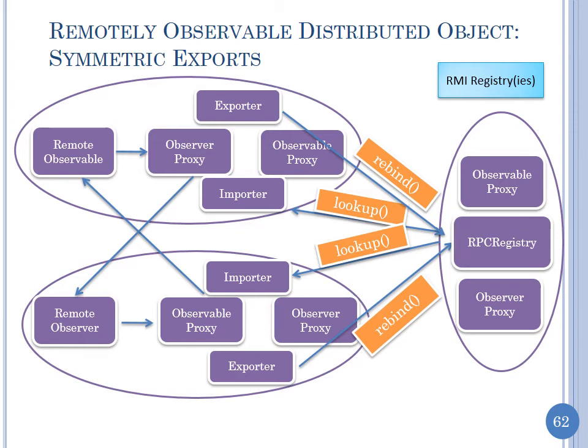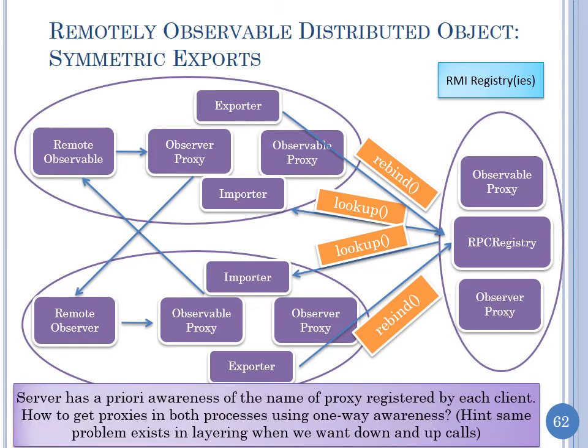And the question is, how should we change our architecture? If you were an RMI designer, what would you do to allow asymmetry? Symmetry is normally considered good, but in layering and awareness, we want a lack of symmetry, because we want less awareness. So how do we get proxies in both processes using one-way awareness? The hint is, we already know of a solution in the local case.